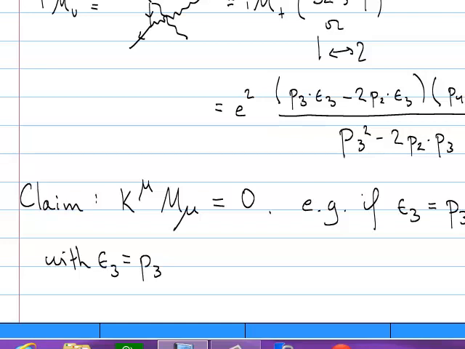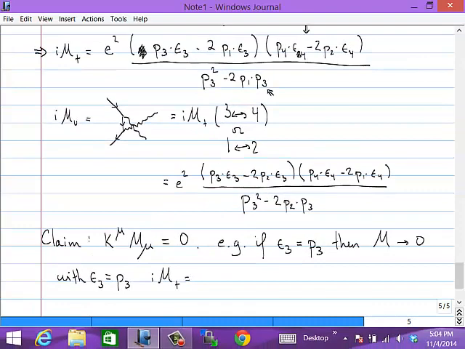Good. So let's write down what MT is when epsilon 3 is equal to P3. You get an E squared times P3 squared minus 2 P1 dot P3, and then a P4 minus 2 P2 dotted with epsilon 4.